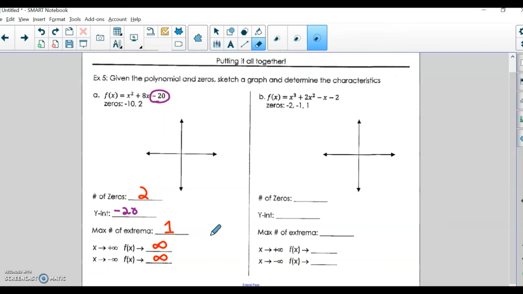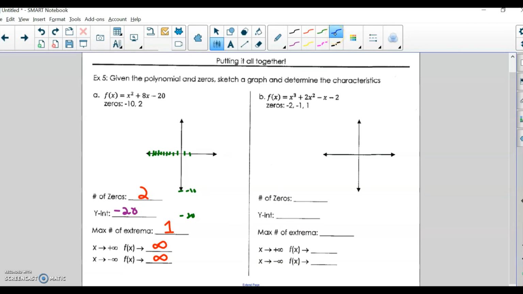So let's put all this on the graph and see what it looks like. We're going to estimate a little bit because the numbers are kind of big. We'll say that 1, 2 is there, and 1, 2, 3, 4, 5, 6, 7, 8, 9, 10 is out there. Then 20 is way down here.